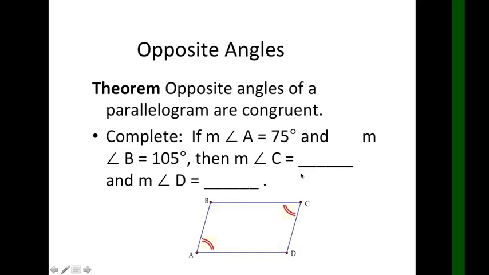The answer is 75 degrees. And angle D is what? Correct, 105 degrees. Kasi nga, sabi dito, opposite angles of a parallelogram are congruent. If it is 105, therefore the opposite angle is also 105. If it is 75, therefore yung opposite angle niya is 75. Did you get it? Correct.